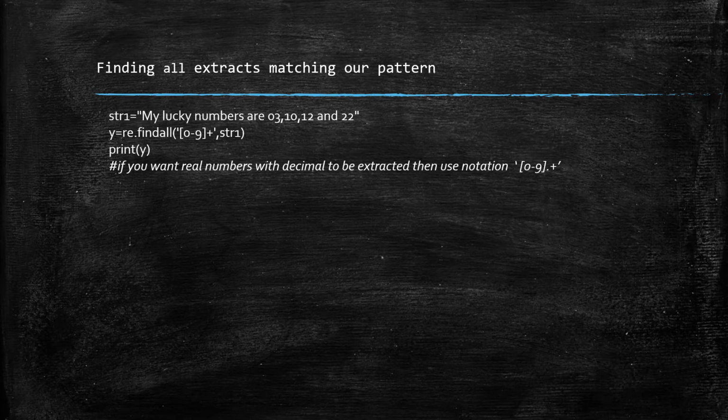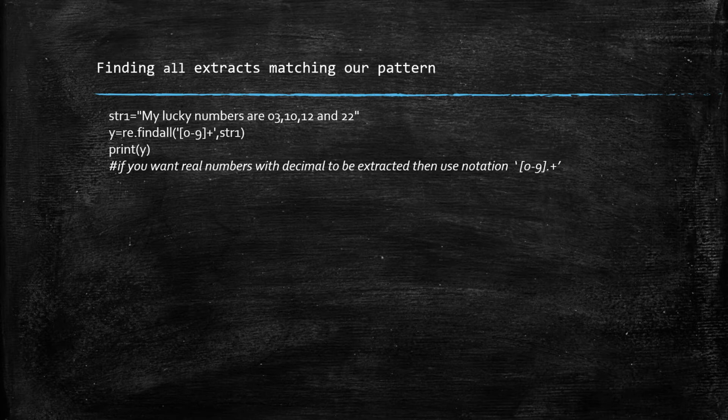Here we have a string str1 that contains a particular sentence: my lucky numbers are 03, 10, 12 and 22. Now instead of re.search, I am going to use the function re.findall. What is the metacharacter that I am going to use?